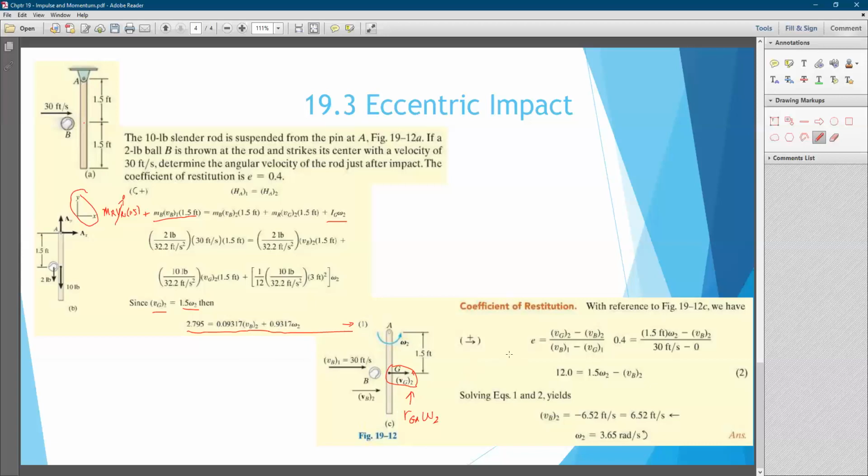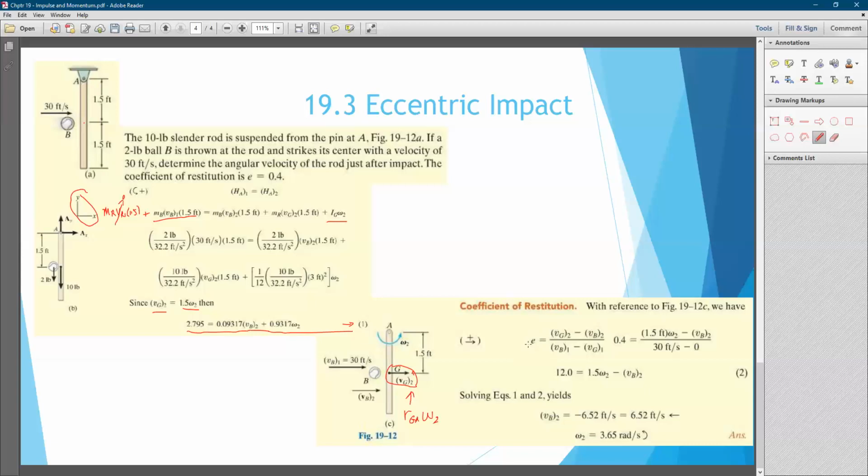Since we know the coefficient of restitution is 0.4, we can use that value to get another equation.